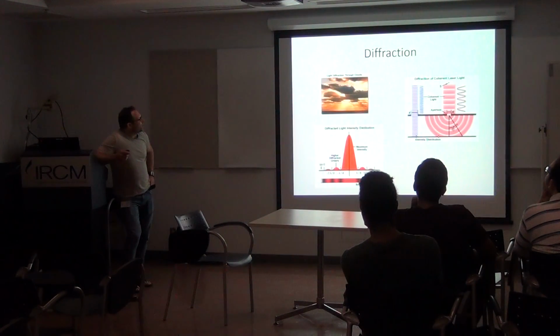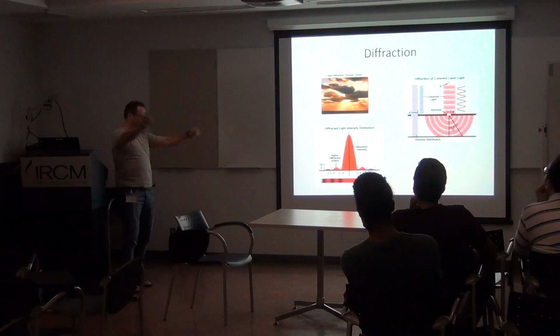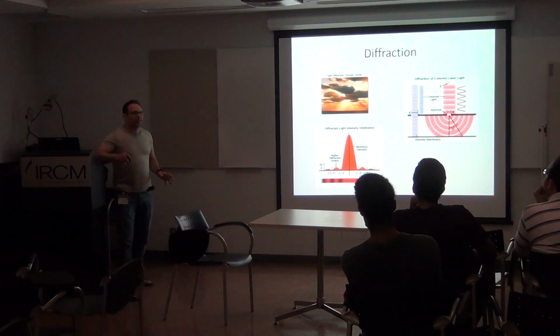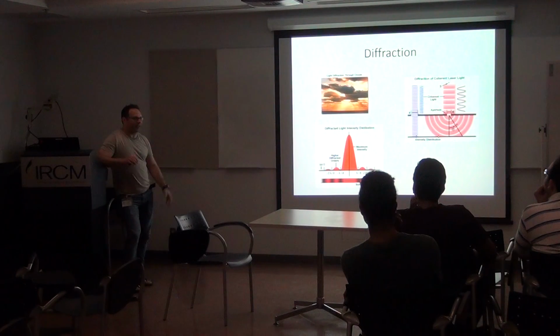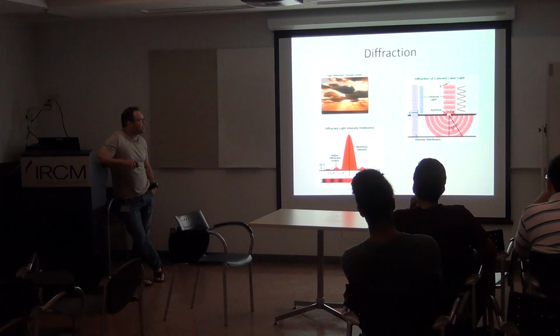Okay, so diffraction. Diffraction is the way objects will make the light go in many directions. So objects will diffract light, and when there is diffraction, there is also going to be interference.